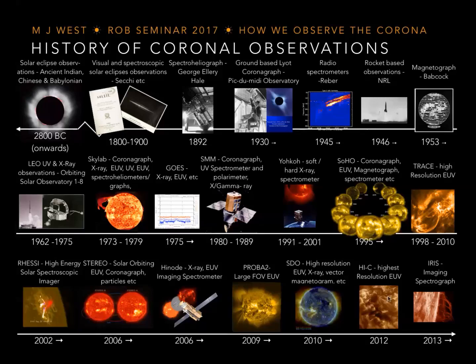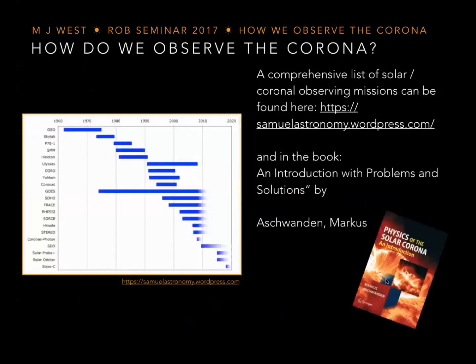I want to give an honorable mention to HI-C, which has produced the highest resolution EUV images that we've actually observed. So there's lots of different instruments out there, and I encourage you to just do a Google search, and you can find a lot of information about a lot of these instruments.